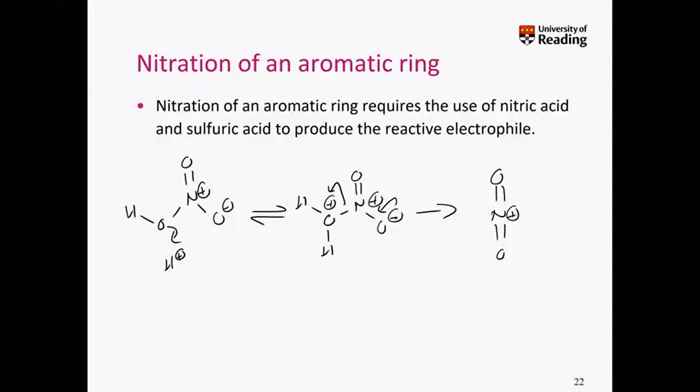And then that's just our electrophile. That's just the thing that we're going to then use to make our aromatic ring do our substitution reaction. So we just need to create the NO2+, and then the next step is we're going to add that to our aromatic ring.